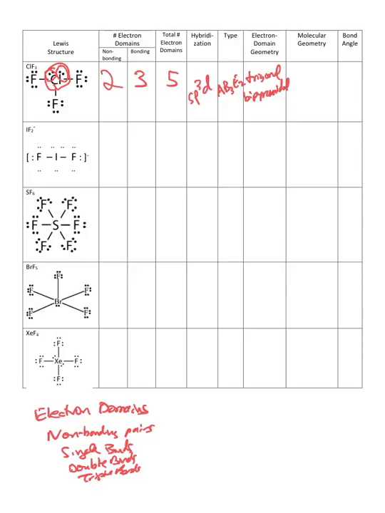In the trigonal bipyramidal electron domain geometry, we've got 2 different types of positions around the central atom. We have these axial positions. We also have an equatorial position, in that between the axial and the equatorial there's 90 degrees, and around the equator between each of the electron domains are 120 degrees.